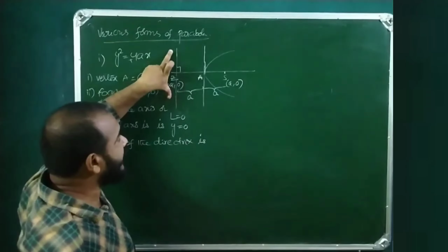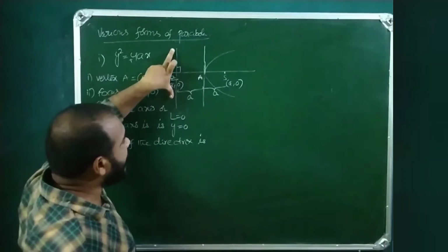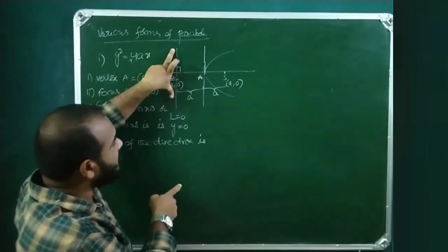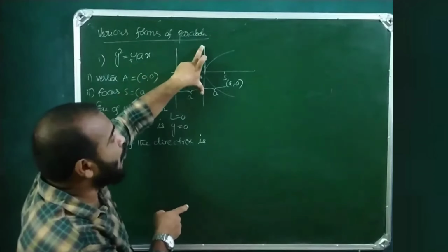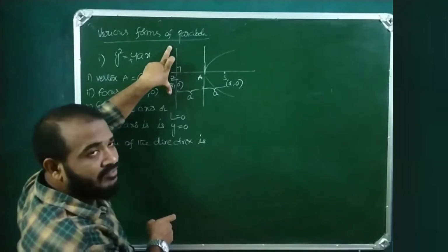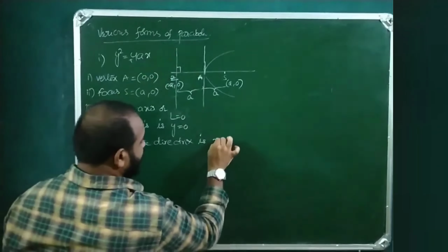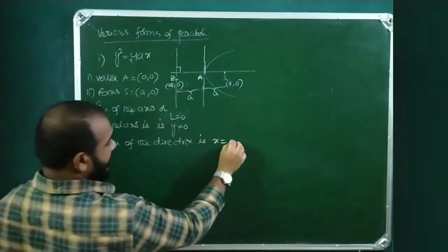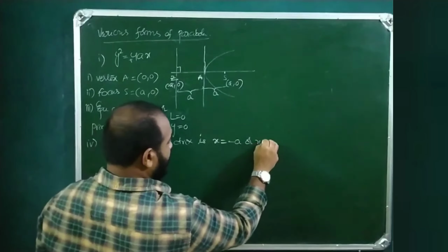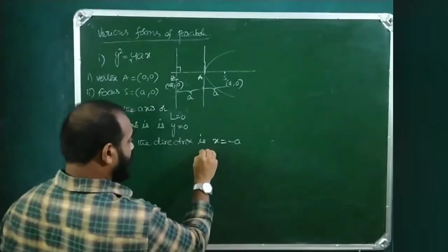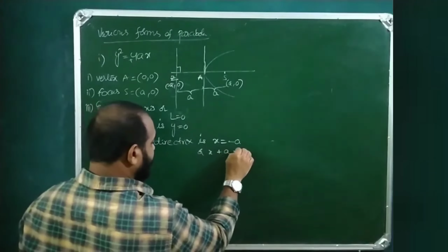The equation of this directrix is a straight line parallel to the y-axis. That means it's a vertical line. A vertical line is of the form x equals to something. So x equals to minus a, or x plus a equals to 0.